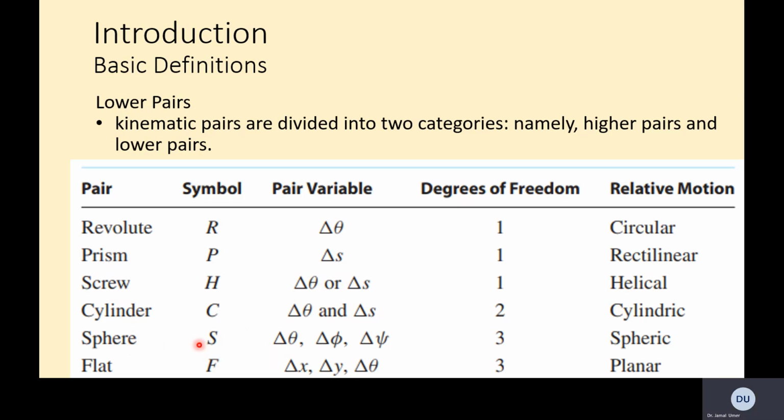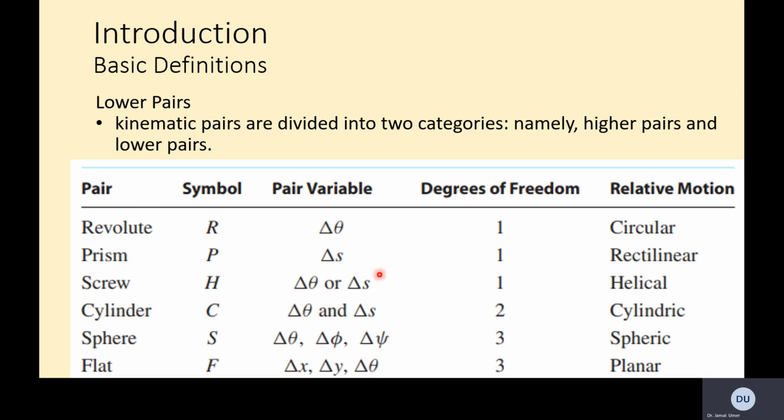The sphere is represented by S and has three variables. So that's why the degree of freedom is 3 as well. A flat pair, which is quite uncommon, also has 3 variables and the degree of freedom is also 3. So these were the summary. Same goes with the revolute and prism as well. The variables and the degree of freedom are also mentioned.